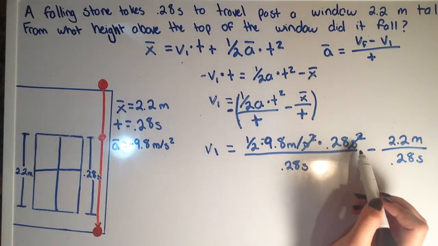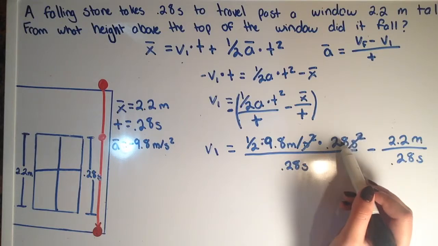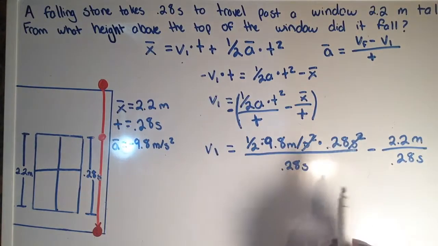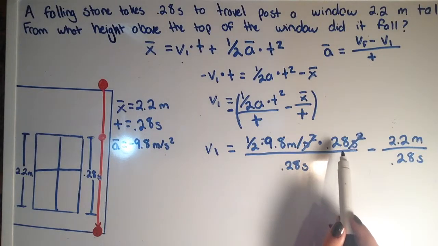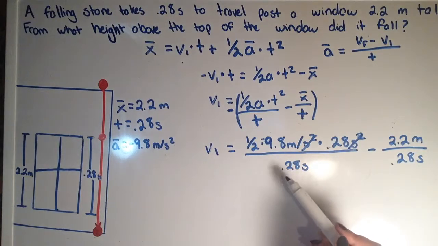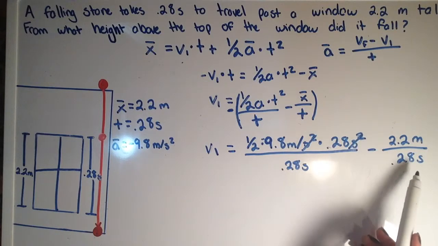Just because you got rid of the s squared, you still have to square the seconds. So it would be 1/2 times negative 9.8 times 0.28 squared divided by 0.28 minus 2.2 divided by 0.28.